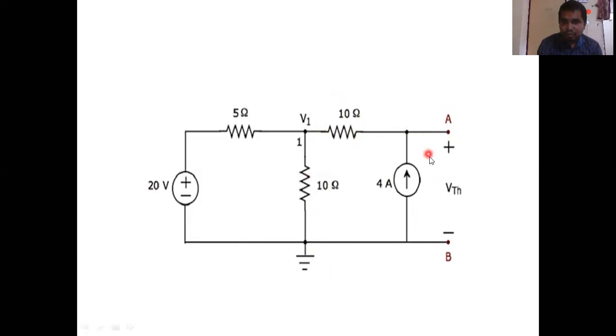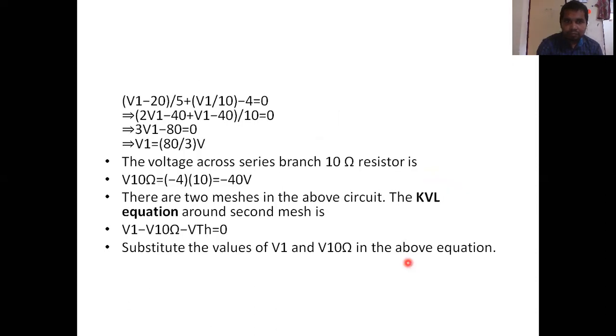When you make a closed path like this, what the super mesh concept is, if you have a common branch between two loops. If you take this one loop, VTH will be there, and the voltage across this 10 ohm, equal to 0. That is V1 minus the voltage in 10 ohm minus VTH.